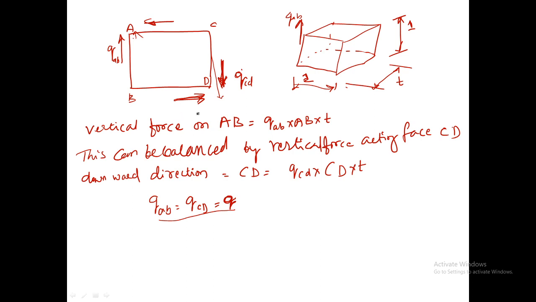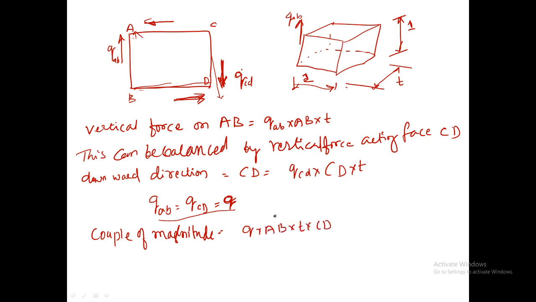on the other two surfaces, what will we get here? This will become the moment arm. So we get a couple of magnitude equal to QAB into T into CD.